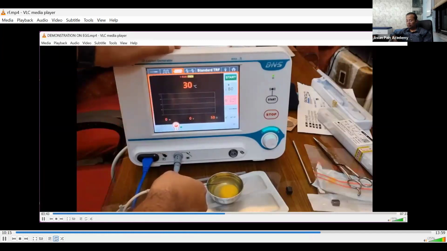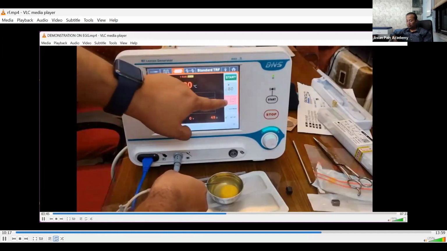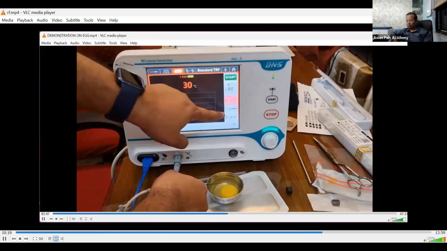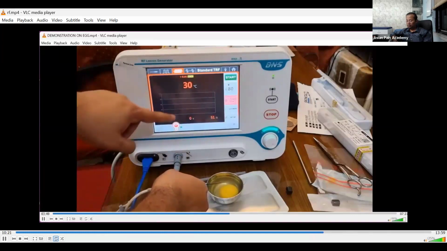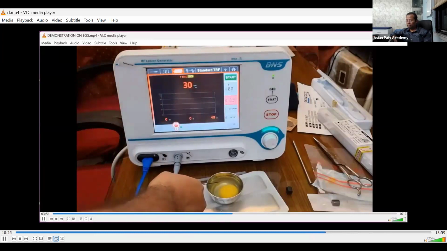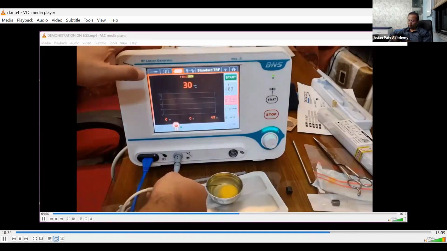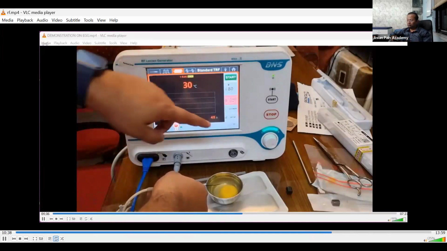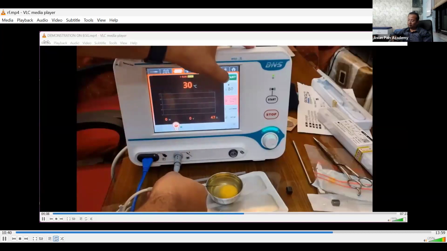This is the set temperature, this is the duration, and this is the impedance. The ideal impedance while doing radio frequency depends on the area, but usually 300 to 400 ohms. Now this is a monopolar electrode. Now we are starting the stimulation. So let's start the radio frequency ablation.